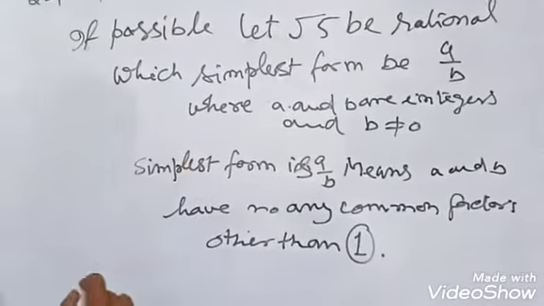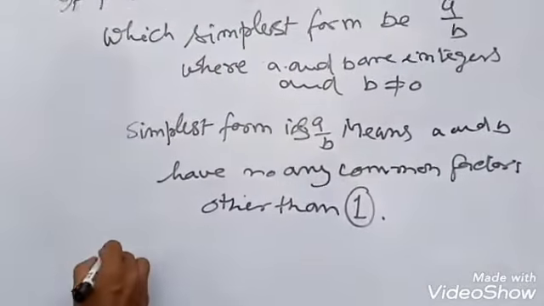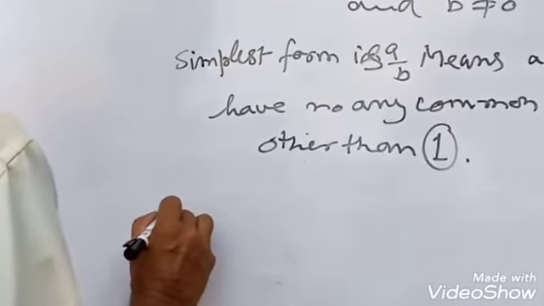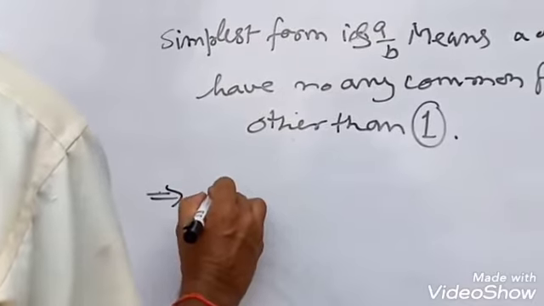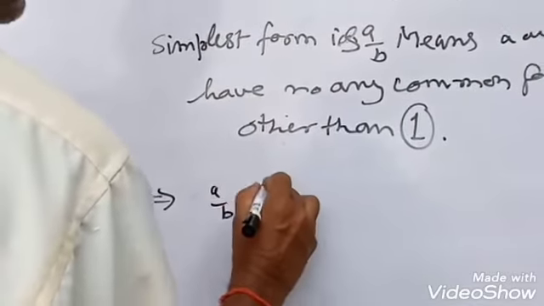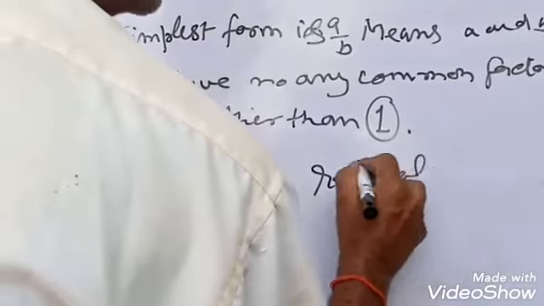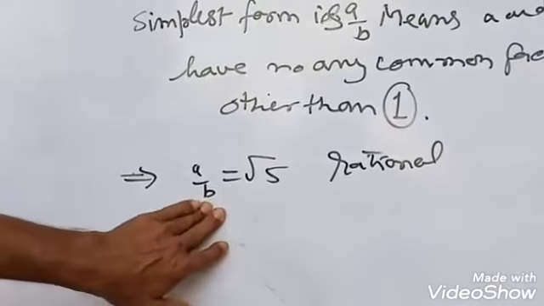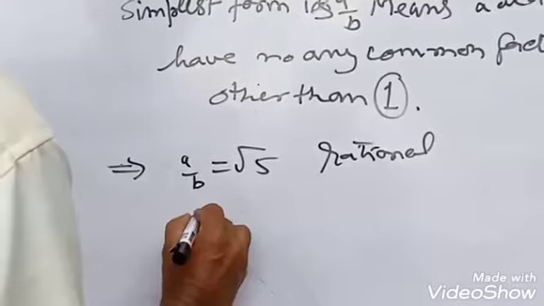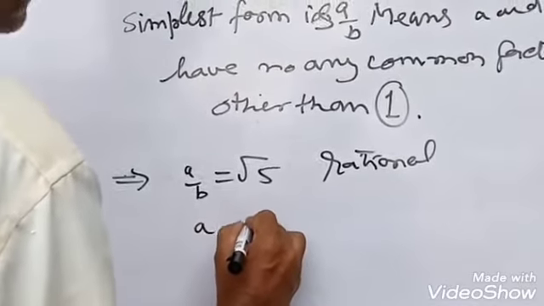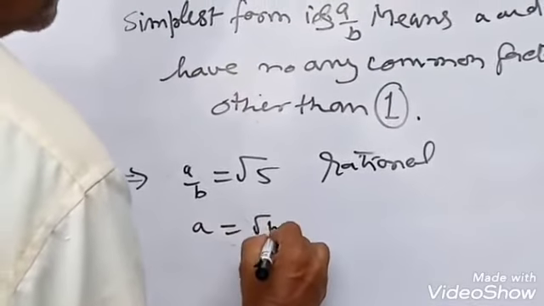Now, if root 5 is rational, this implies a by b is equal to root 5. Then a is equal to root 5 times b.